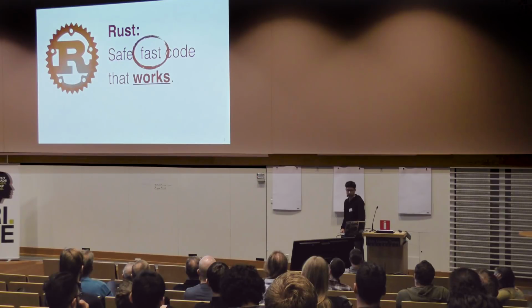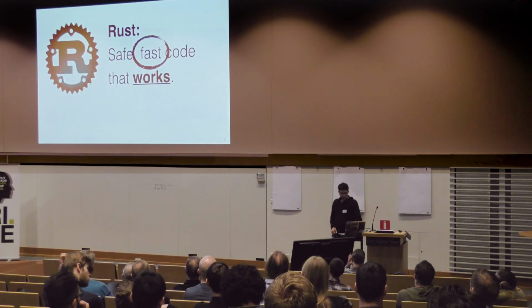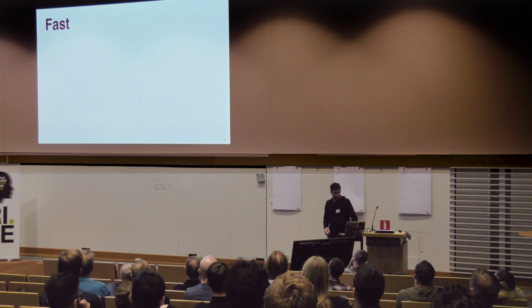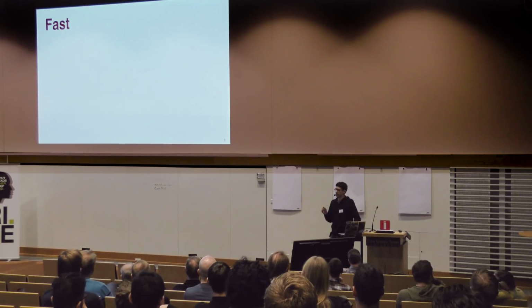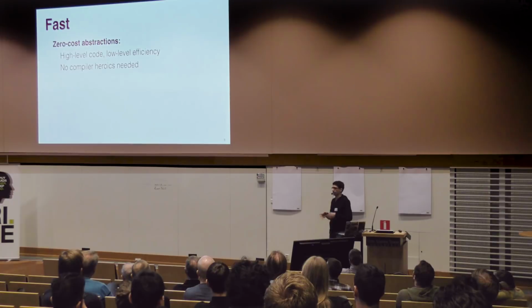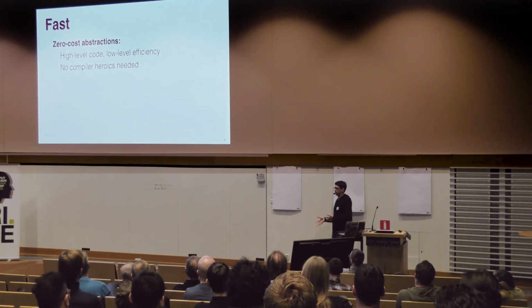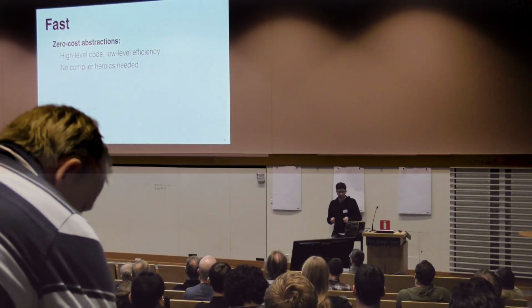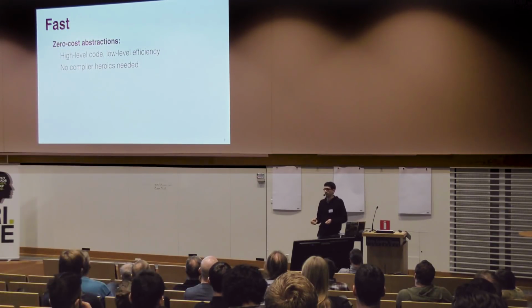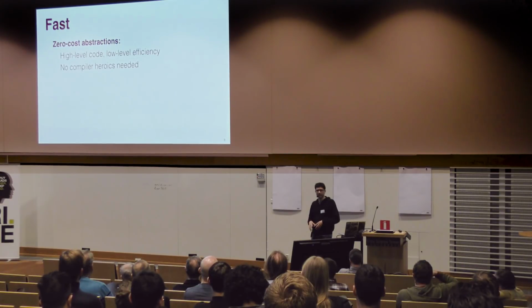What about fast? Well, we all kind of know what fast means, right? And here again, I'm kind of aiming at some particular specific meanings. We would like to be able to support code that's comparable to C++ in terms of how fast you can make it go. And one of the things we really want to support is this C++ notion of a zero-cost abstraction. This is something that C++ does really well, and I think it's not so well understood outside of that community.